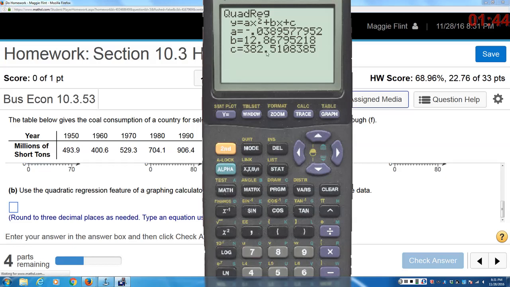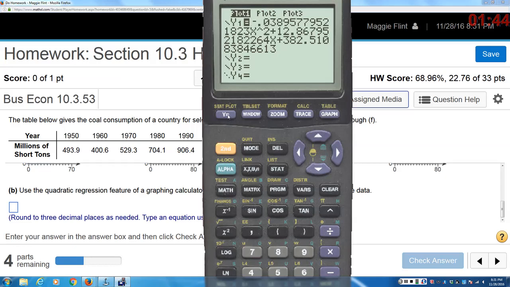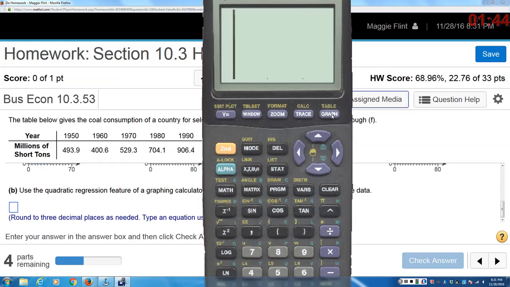And then C is 382.51. Okay? If you press your Y equals button, you'll see that equation's already been stored over there for you. That was what that vars, Y vars, function Y1 did for you. It's already stored there. So at this point, all you need to do is hit graph.